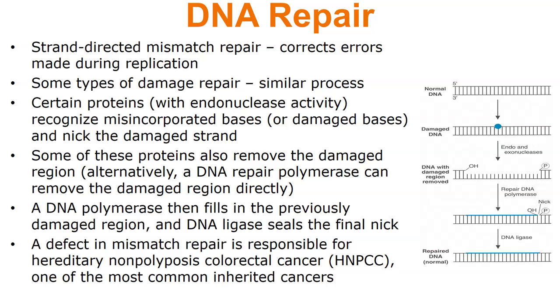Anything that induces mutations ends up causing some type of cancer. In this case, there's some specific proteins. I didn't give you the specific mismatch repair proteins that are defective in Lynch syndrome, but there's some particular ones, and they cause a particular type of cancer. This is a disease we're going to visit again in genetics.